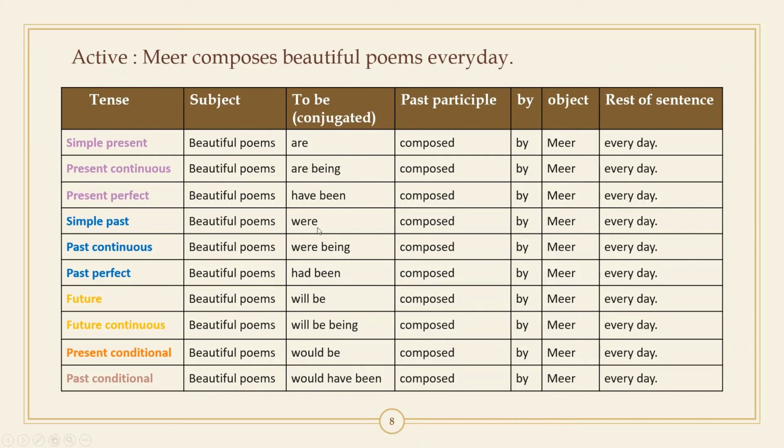When it is simple past, it is were, the past form of are, and were being, had been, and when it is future, will be, future continuous will be being. So you see that the subject, past participle, main verb, and other things remain the same. Only the be verb is changed.